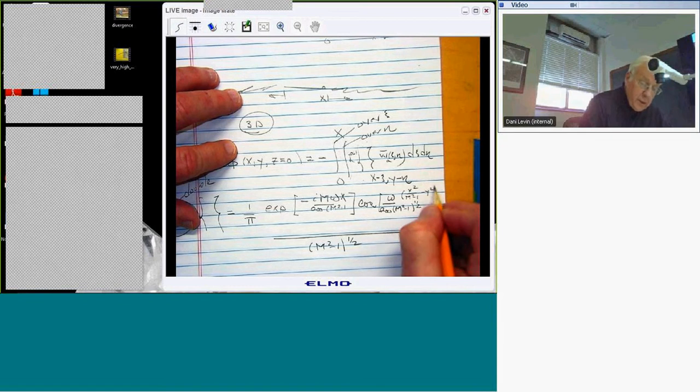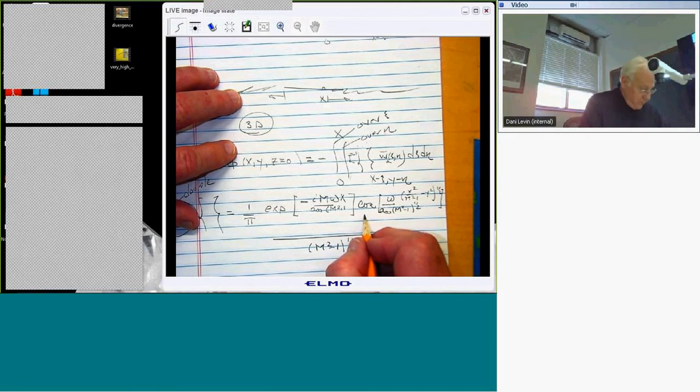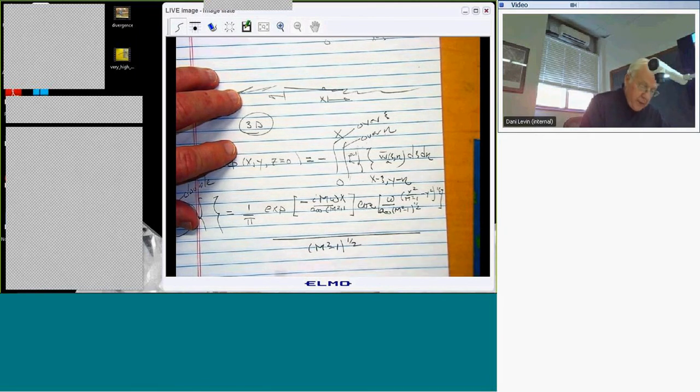That whole thing in the bracket is the argument of the cosine function. And this is true if the absolute value of y is less than x over the square root of m squared minus 1, and it's 0 otherwise.